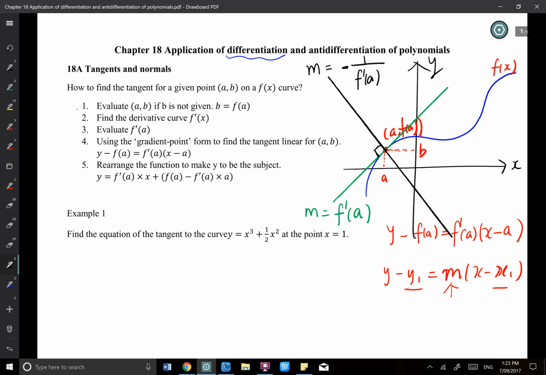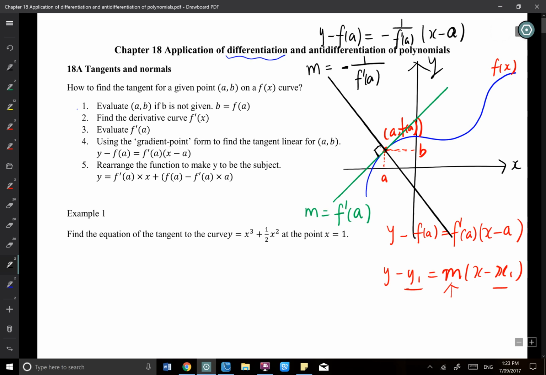At the same time, I know the point (a, b) is still on this normal, so I can again use y minus y1 equals gradient times (x minus x1), then rearrange to make y the subject and find the normal equation.